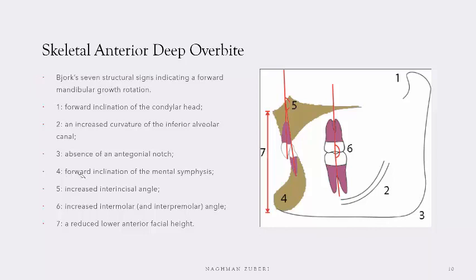There will be forward inclination of the mental symphysis like this, and then an increased, obtuse interincisal angle. Then an increased intermolar and interpremolar angle, and a reduced lower anterior facial height.